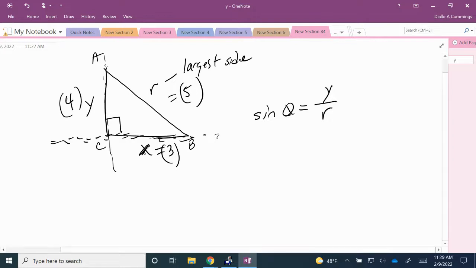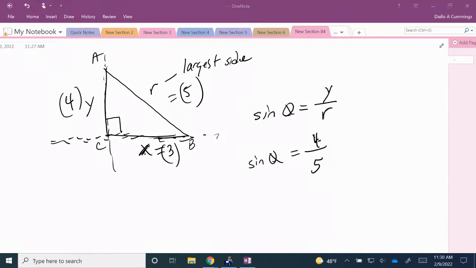Now, as far as the sine is concerned, if the denominator, which is r, is always longer than any other side, there's something that can be said about the sine. Right, so I'm going to write this out. So r is 5 and y is 4. So my sine would be 4/5.